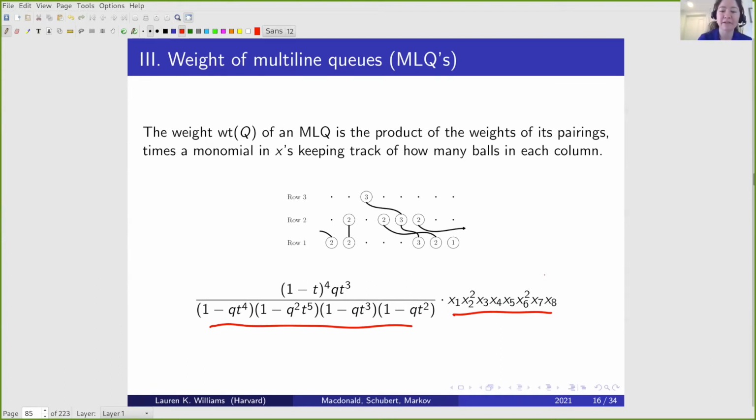So for example, this is column 1, this is column 2, 3, 4, 5, 6, 7, 8. And so for example, if you look in column 6, I have 2 balls, and that's why I have an x6 squared here.